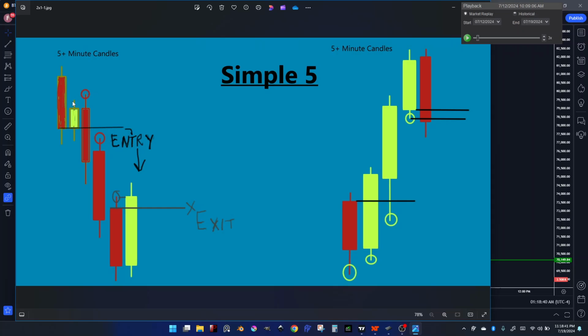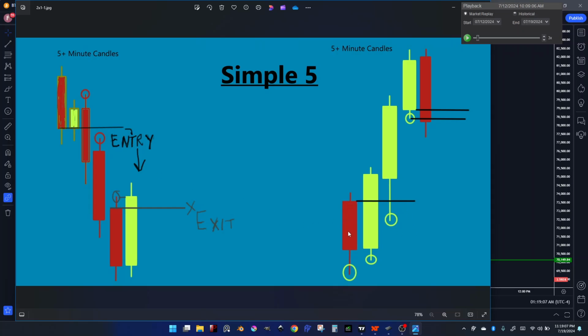If this wick is higher than that wick, then your stop goes above that wick, and vice versa. If this wick were sticking up way up here, you may want to cover the top of that wick. Even though it's near this area here, it is the highest of the two candles that we're working with. So you're going to work with the most recent closed candle and the one immediately before it. Everything else does not exist.